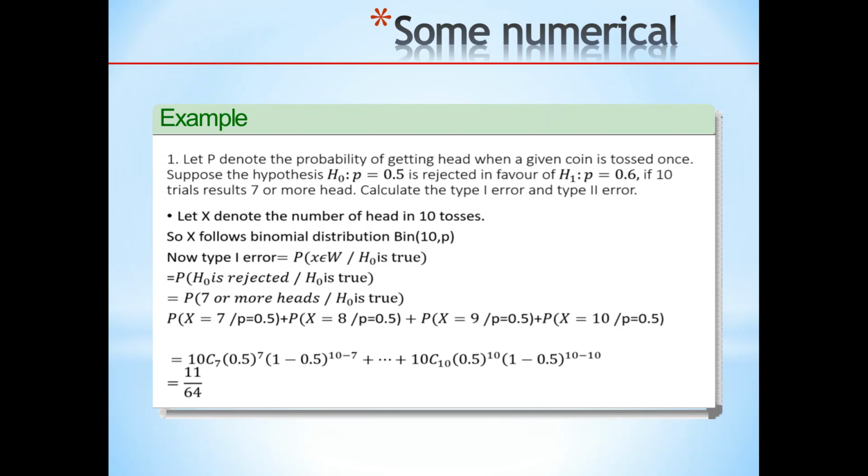That means there are 8 heads, and or there will be 9 heads, that means the probability of x equals 9 given p equals 0.5, or there will be 10 heads, that means the probability of x equals 10 given p equals 0.5. For calculating it, we get the value as 11 by 64.